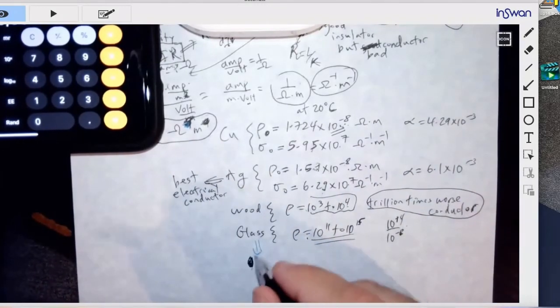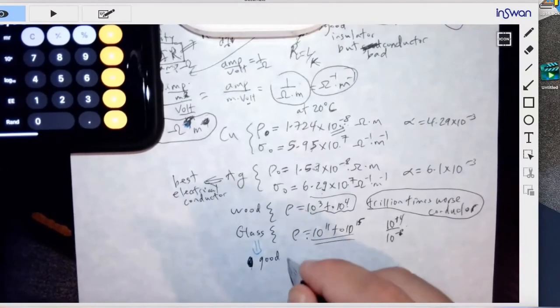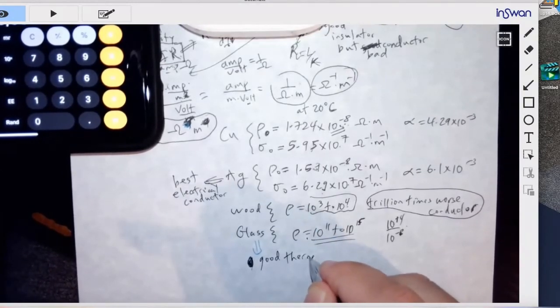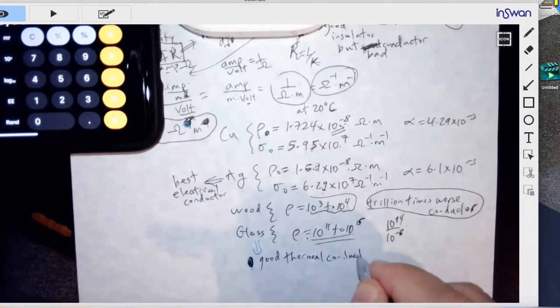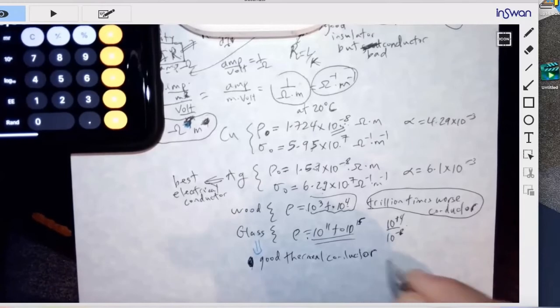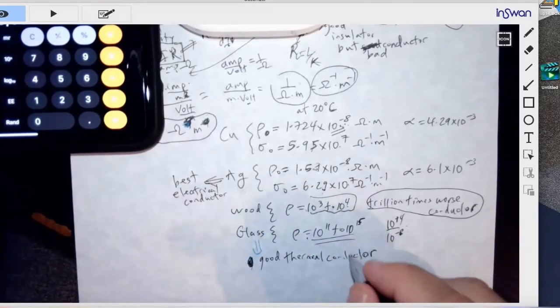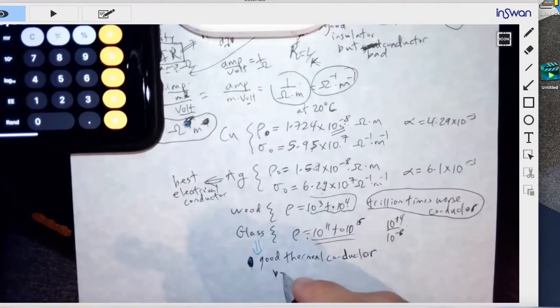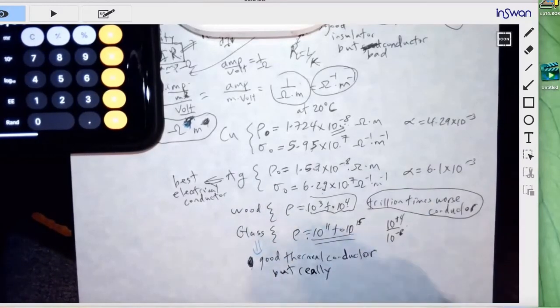It's not the highest, but good. Which is why you don't want to put hot coffee in glass, right? Good thermal conductor, but really poor electrical conductor.